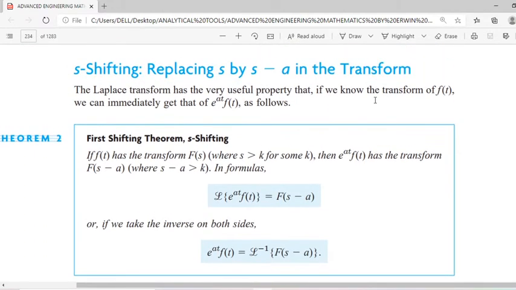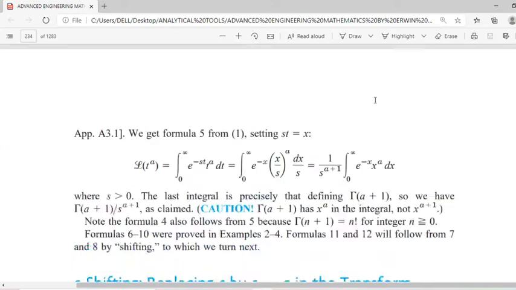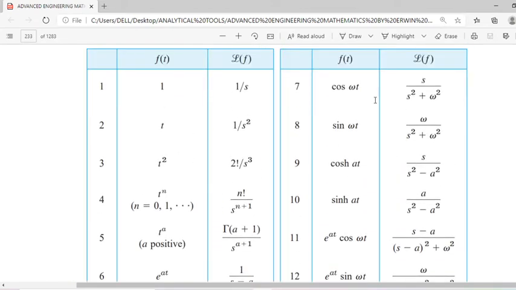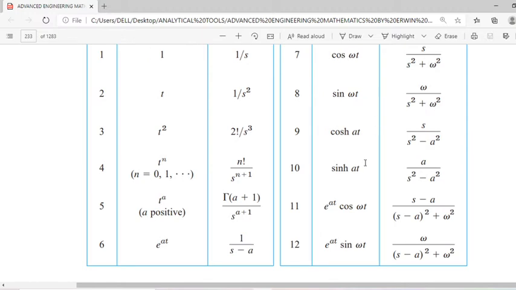Now we discussed two fundamental theorems. So we have obtained several formulas, given here, and we will compute this one also, and we have to use the shifting theorem.